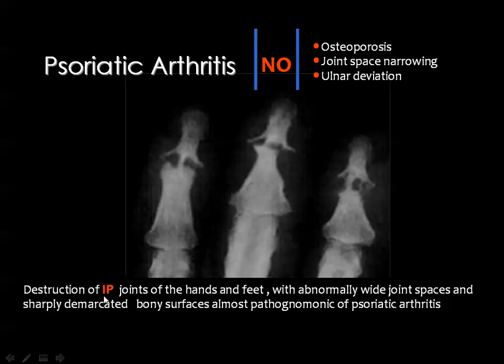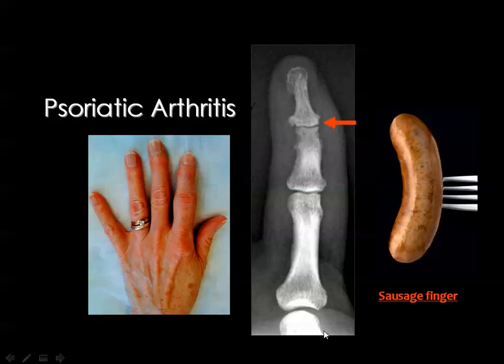In cases of psoriatic arthritis, there is no osteoporosis. In rheumatoid arthritis, you know, osteoporosis is a well-known manifestation early in the disease and also late in the disease. There is no joint space narrowing because of this deformity, and also there is no ulnar deviation as seen in cases of rheumatoid arthritis.